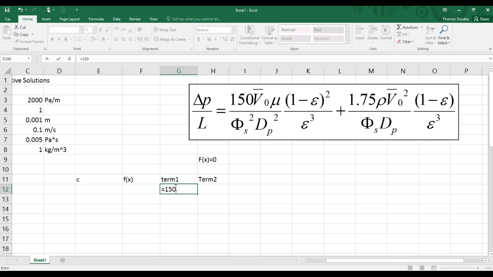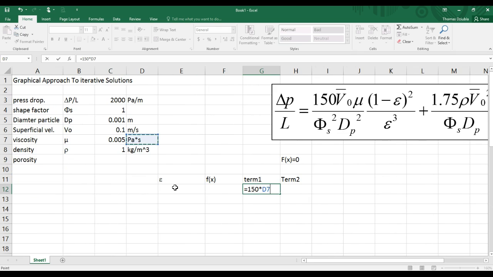And so I'm going to say 150 times our superficial velocity, times our viscosity, right here, divided by our shape factor, that's actually squared. Although it's 1, I don't need to do it.